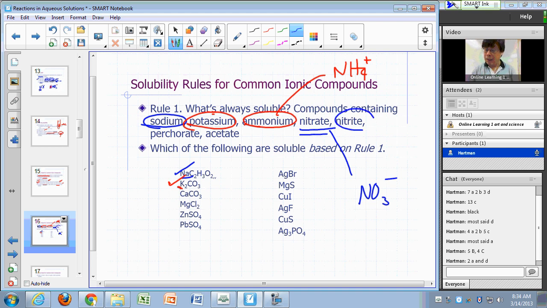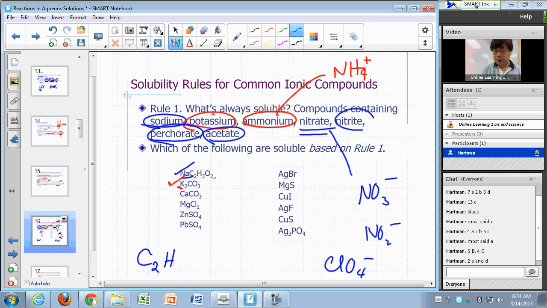How about nitrite? NO2 negative 1. No nitrites either. Okay. Perchlorate is ClO4 with a negative 1. There's no perchlorate. Okay. And acetate is CH3COO or C2H3O2 with a negative 1 charge. There isn't an acetate here.